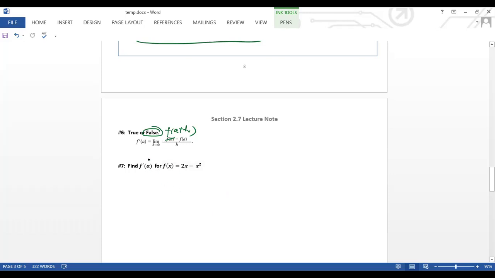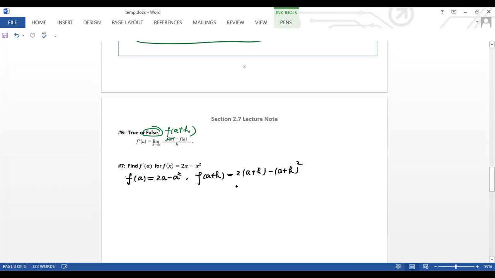You want to find f prime of a in general. So f of a is 2a minus a squared, correct? Then the other one, you have a plus h. So f of a plus h will be 2 times a plus h, minus a plus h squared.